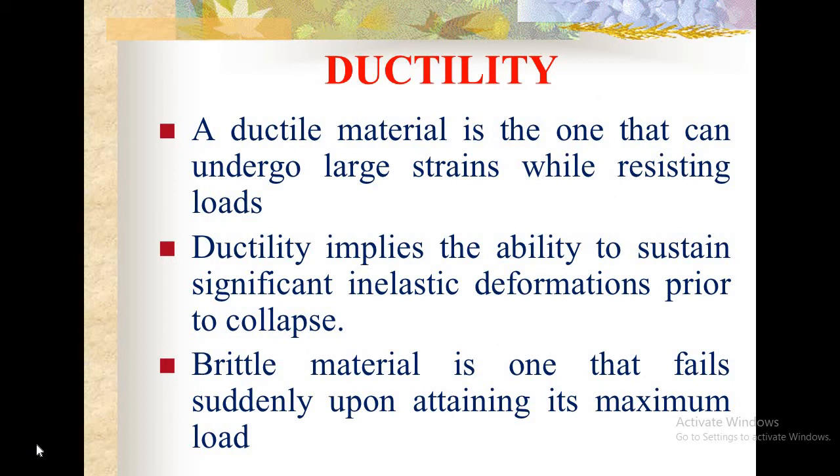Ductility. A ductile material is one that can undergo large strains while resisting loads. Ductility implies the ability to sustain significant inelastic deformation prior to collapse. A brittle material is one that fails suddenly upon attaining its maximum load.